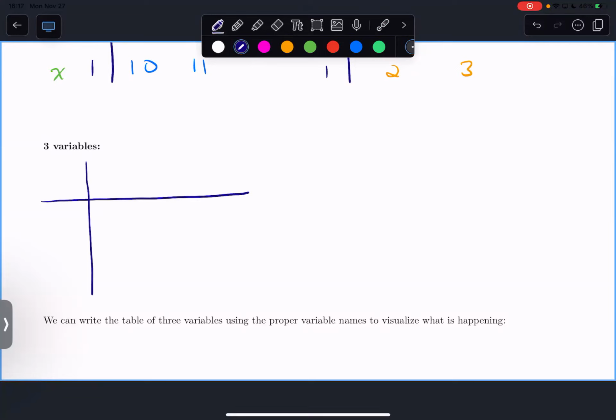How I want you to set it up is for 3 variables, we're going to use X, Y, Z. I want you to have X down here and Y, Z up here. That's not a hard and fast rule. As long as you're following the labels, you can technically write it however you like.